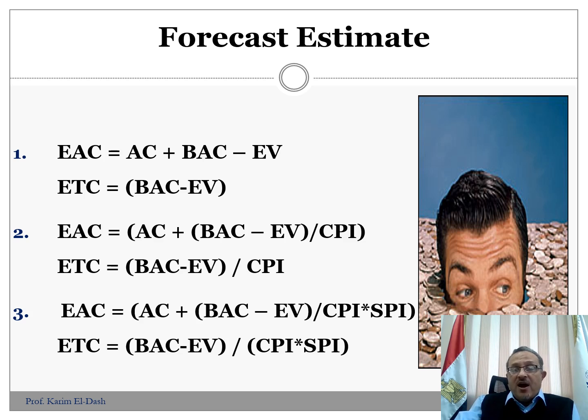So if we are behind schedule, we have to consider some costs for the crashing of the activities in order to compensate for the delay in the project. In this third scenario, again, the estimate to complete will be the budget minus earned value, between brackets, divided by the cost performance index, divided by the schedule performance index.